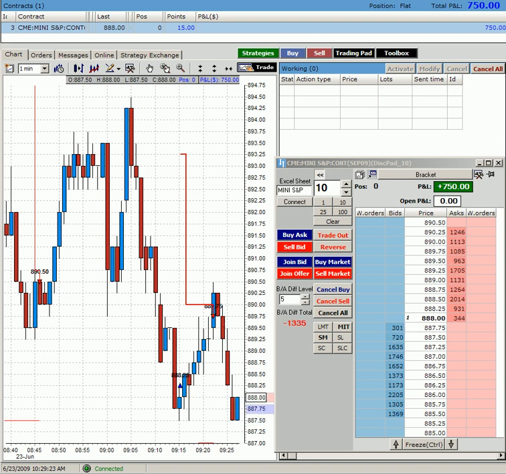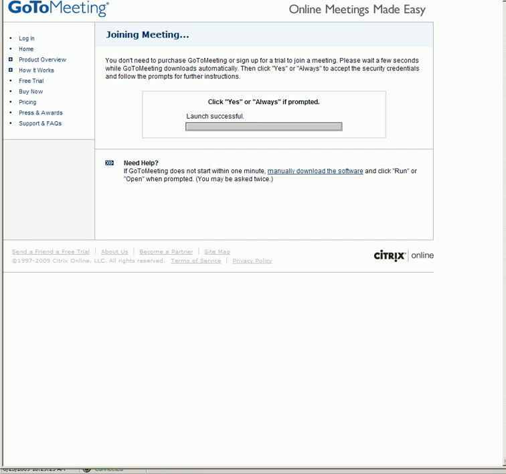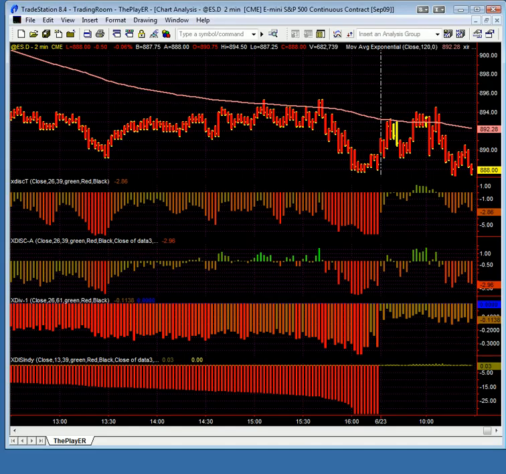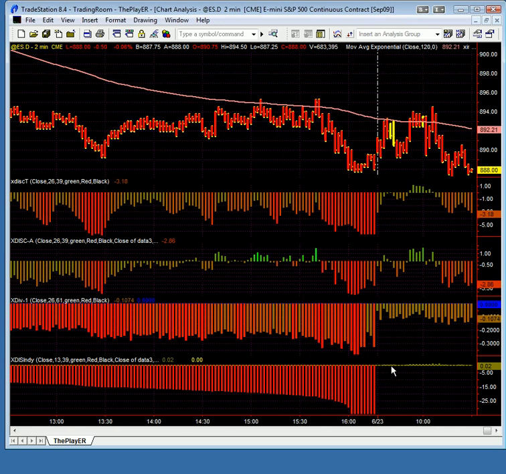What's interesting is we had this hold of the late session low yesterday and bounced right up into our trend. But what's interesting is we had some strong positive divergences suggesting the market would go higher. Unfortunately, it just really hasn't stuck.